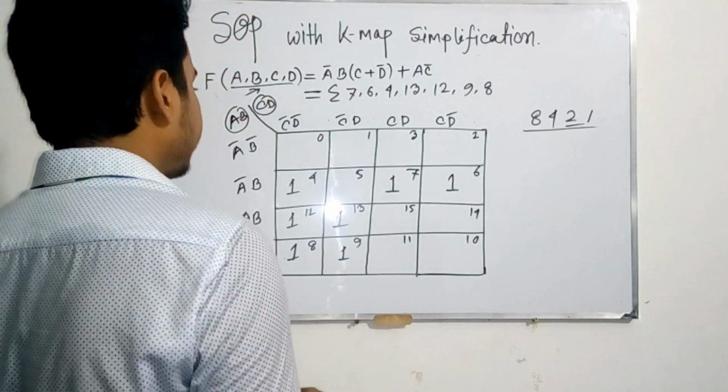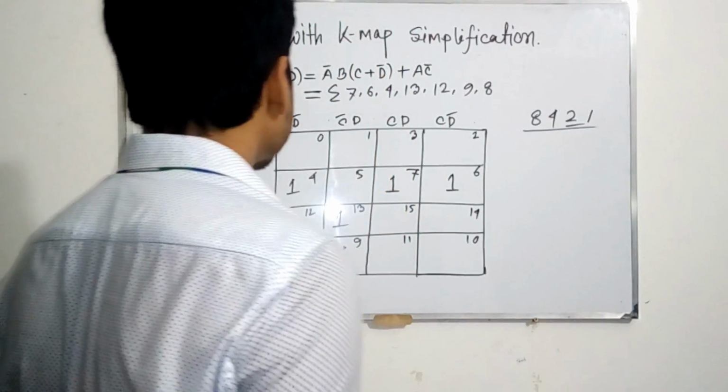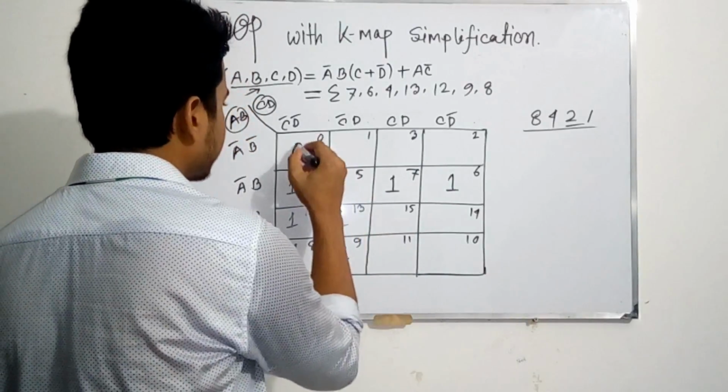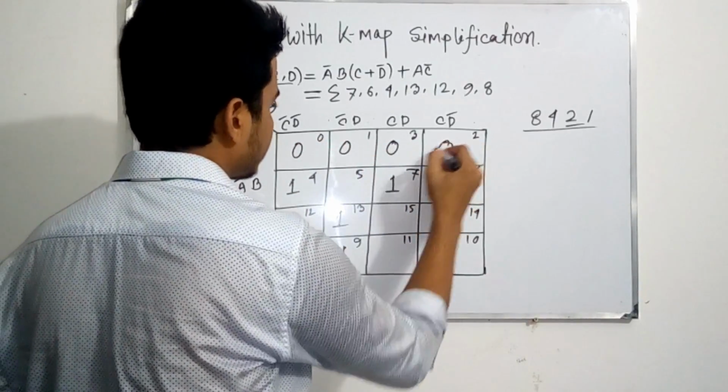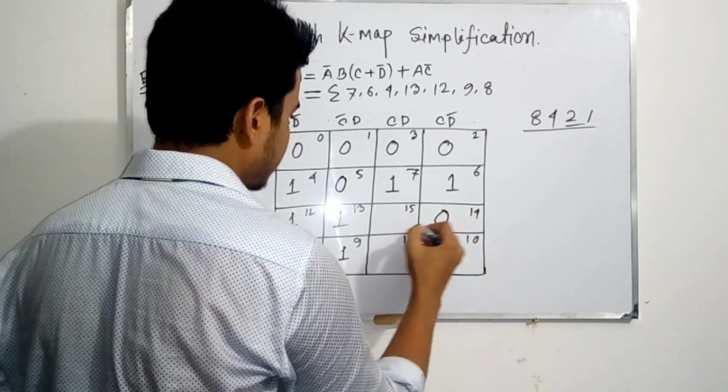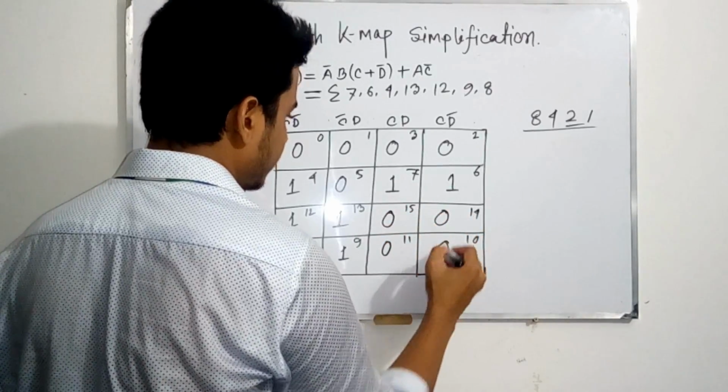So we have already done the numbering, and except for these numbers all the boxes should carry 0. So here it is 0, 0, 0, 0, 0, 0, 0 and 0.